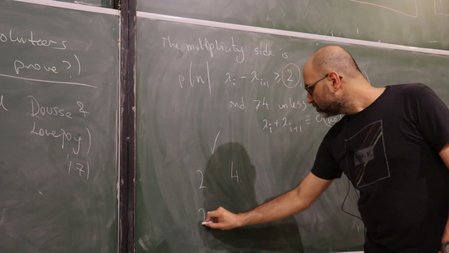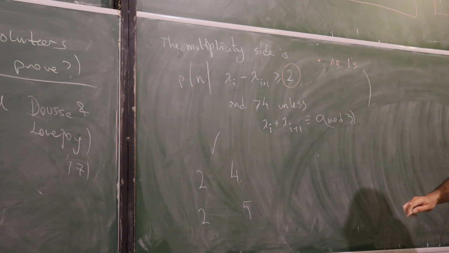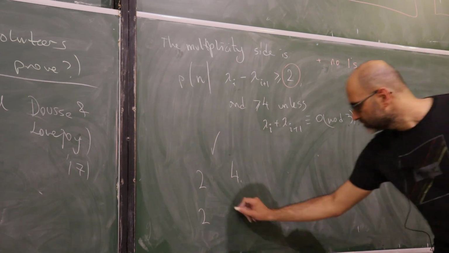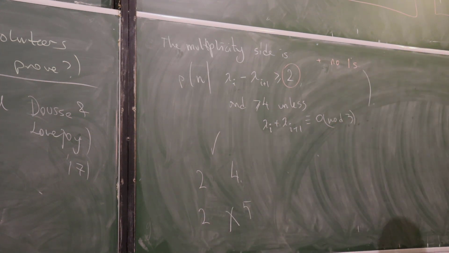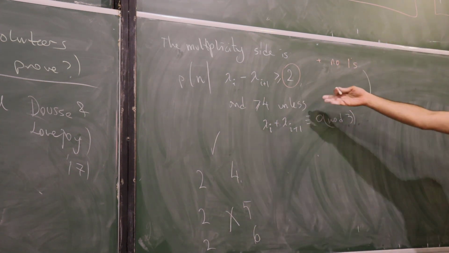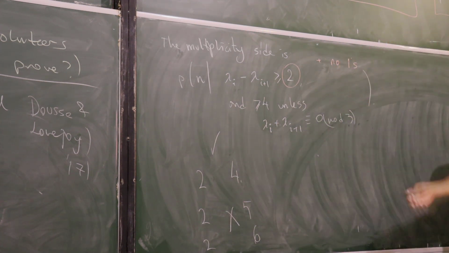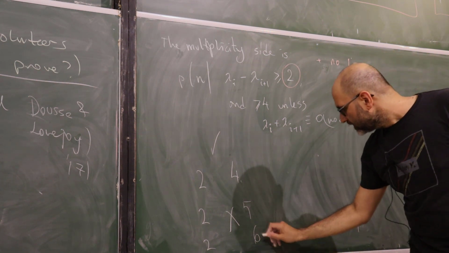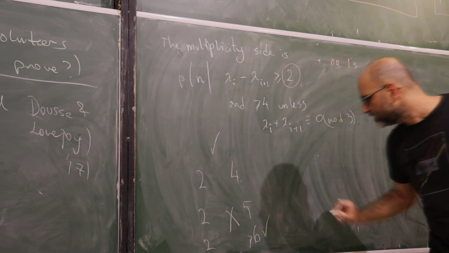How about 2 and 5? 2 and 5 is not allowed because 2 and 5 don't add up to a multiple of 3. So this is not allowed. 2 and 6, it is allowed because the difference may be greater than or equal to 4, and in fact anything greater than 6 is allowed.